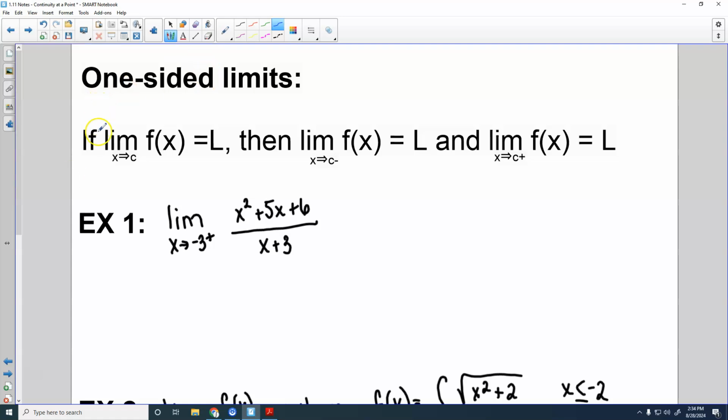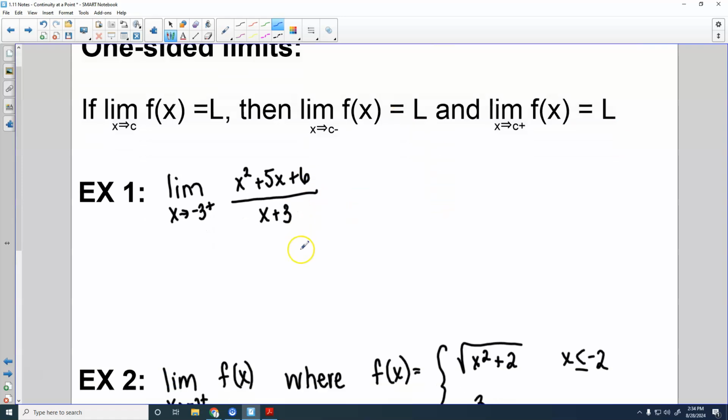Now, let's first really quickly just talk a little bit about one-sided limits before we get all the way into this, because it's going to be a big part of what we have to do. If the limit as x approaches c of f of x equals L, then the limit from the left and the limit from the right both have to equal L. So if a limit from both sides exists, then the limit from the left or right would have to equal that same thing.